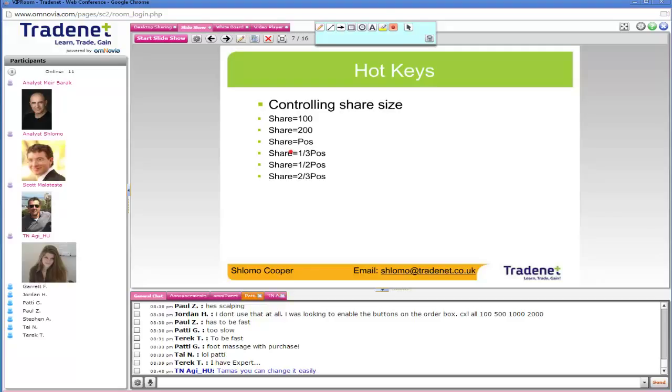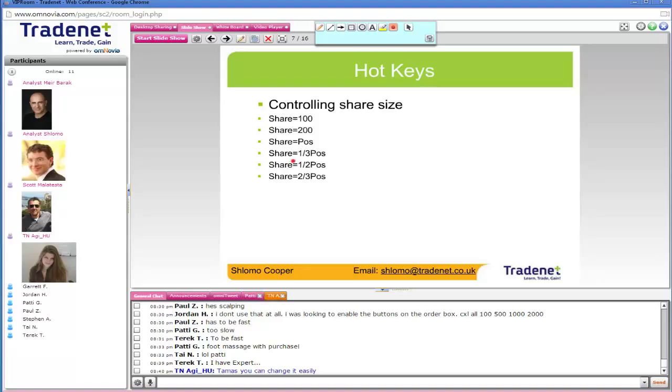You just want to close the position, and speed is everything here. You just want Colmex to tell you how many shares you have in Microsoft, how many shares you have in a current running position. I don't want to look even in my account manager, so share equals position will make sure you have the full amount of shares in your account right now.